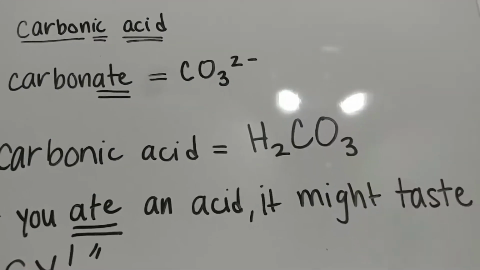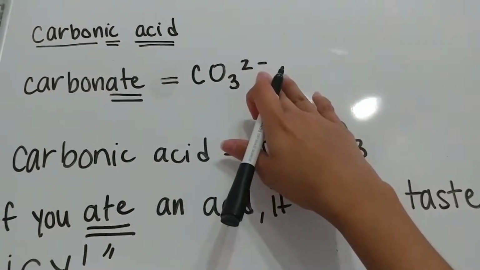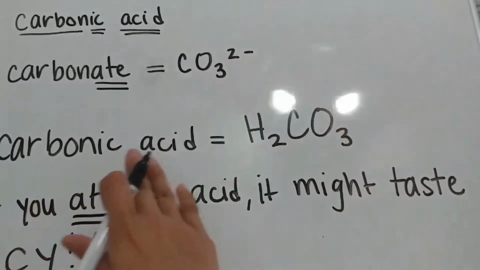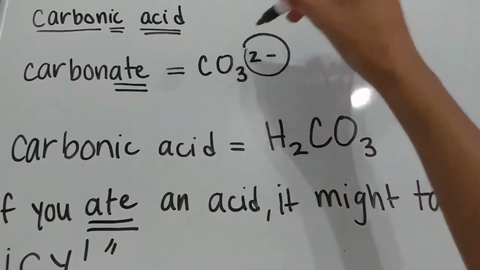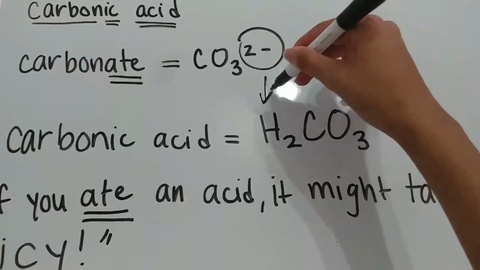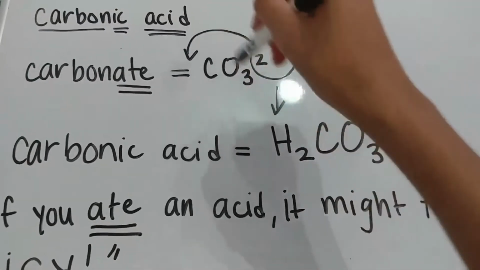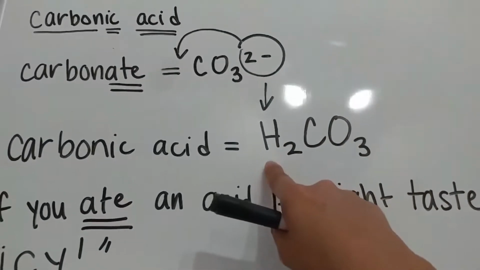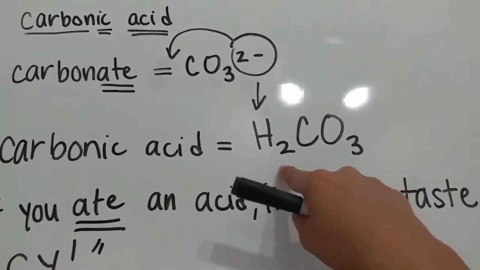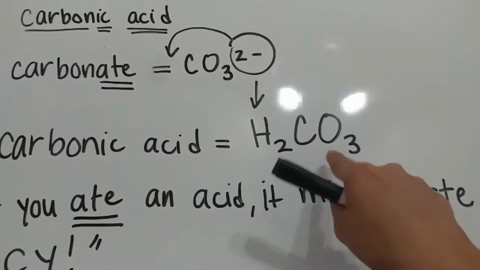So we can't forget the -2 charge of carbonate. In order to make that into carbonic acid, we need to balance the -2 charge, making it H2CO3. So basically just simply put H in front, make it positive. Again, it would be H2 plus the common ion, carbonate, which is CO3.